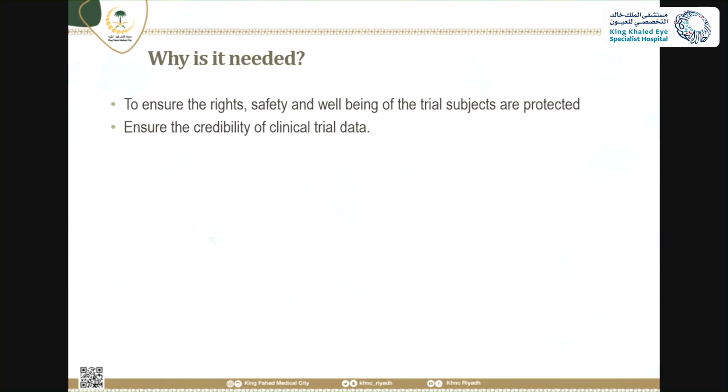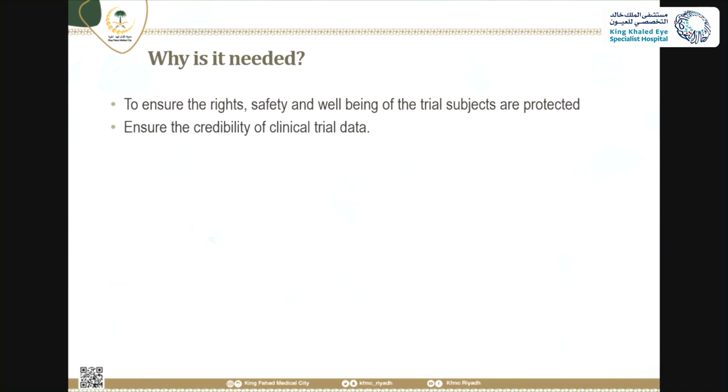On the other side, we have the research center, which provides the infrastructure, for example research education, funding, biostatistics, scientific writing. All these efforts complement each other. The operation of these two programs is governed by policies and procedures.